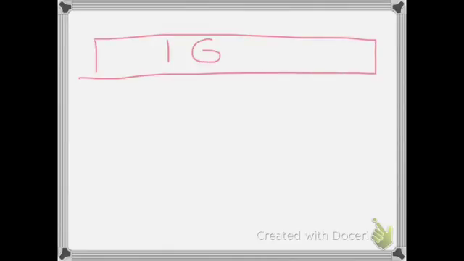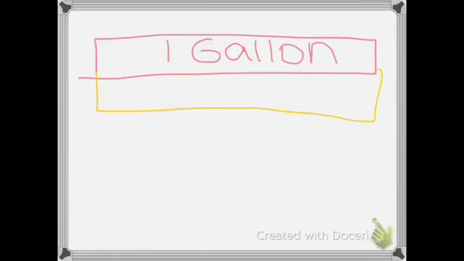Now, there's one more way I want to show you to think about this customary capacity. Think of it like a bigger strip diagram, where you have 1 gallon, Kingdom G. And remember, in that kingdom, there are 4 queens. So I've got 4 parts here, and these are quarts. Remember, each queen had 2 children.